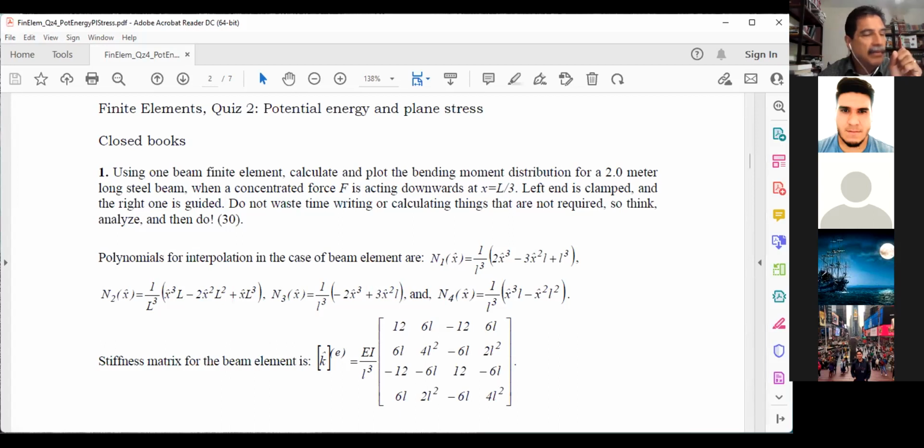And what about the right one, Mr. Barba? What can you say about the right end of this beam? It is guided. Yeah, so I can read.